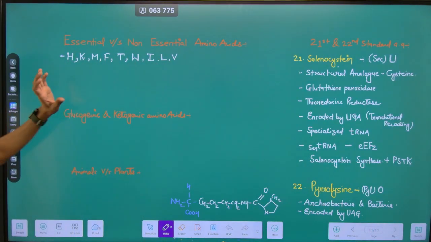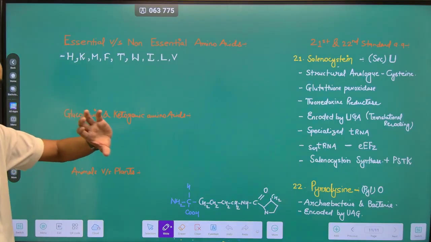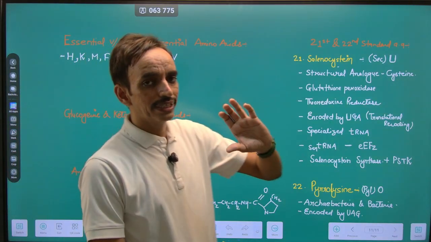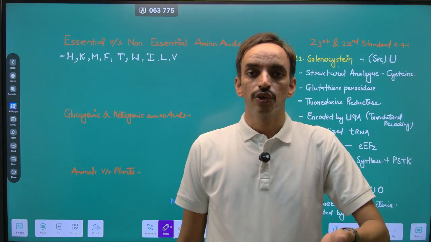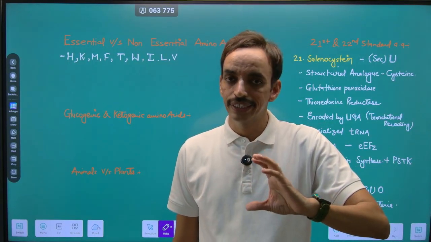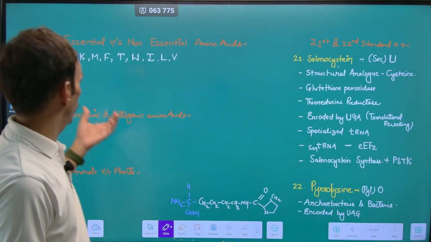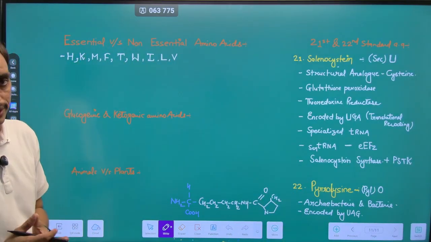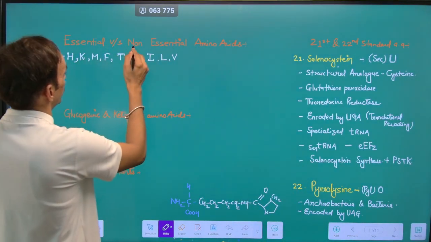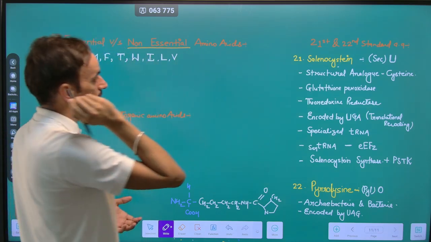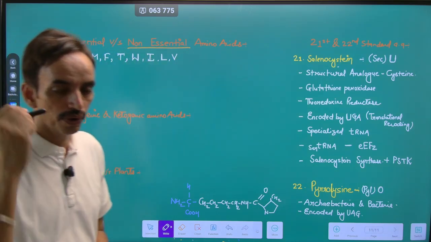Next are the essential versus non-essential amino acids. Essential amino acids are those which cannot be synthesized by our body, while the non-essential amino acids are those which can be synthesized by the human body.